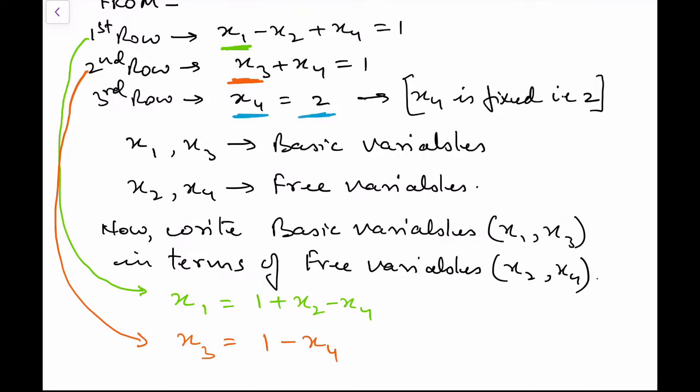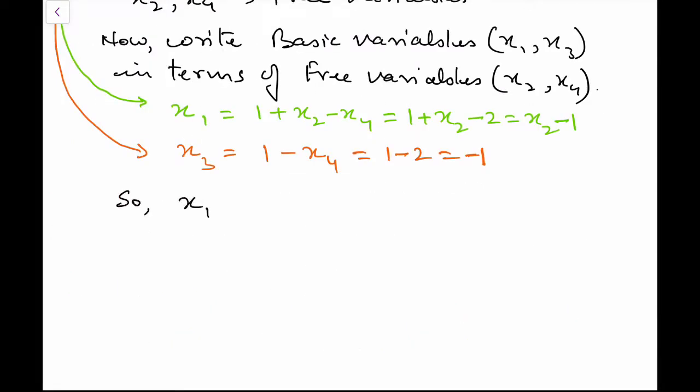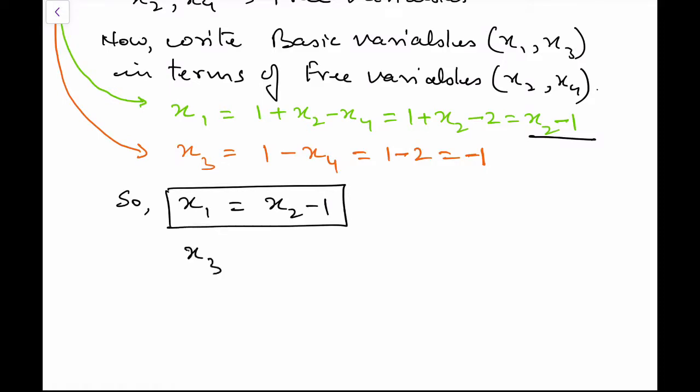So x1 will be 1 plus x2 minus 2 is equal to x2 minus 1, and similarly x3 will be 1 minus 2, that is minus 1. So x1 is equal to x2 minus 1, x3 is equal to minus 1, x4 is equal to 2.